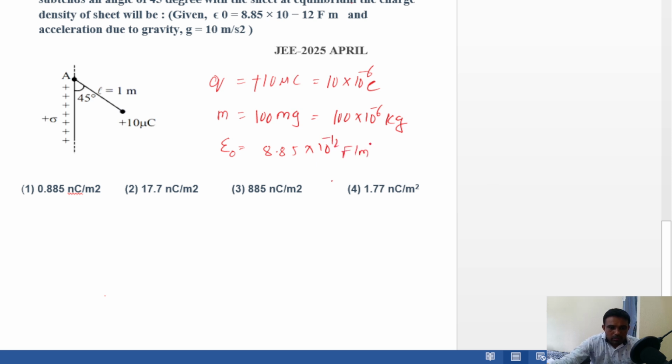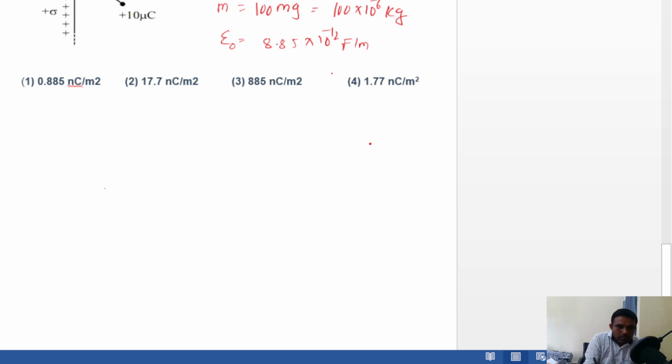Okay. So here I have redrawn the diagram. So an infinitely charged sheet is placed in this direction. So plus plus plus plus is positive charge. So a bob of mass m is suspended from here.